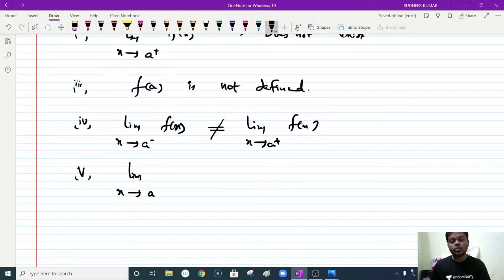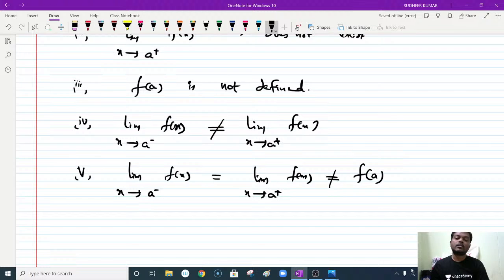the limit as x tends to a minus of f of x exists, and the limit as x tends to a plus of f of x also exists. Also both are equal, even though if it is not equal to f of a, then the function is said to be discontinuous, right?